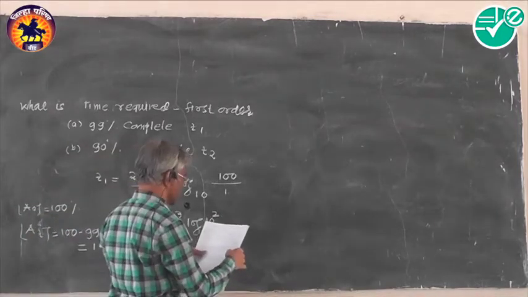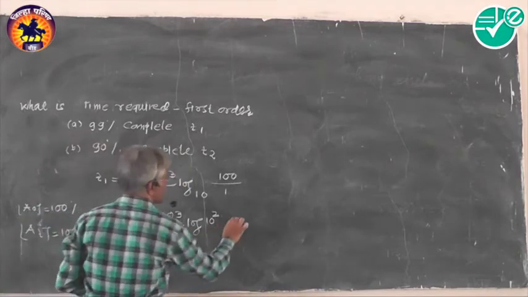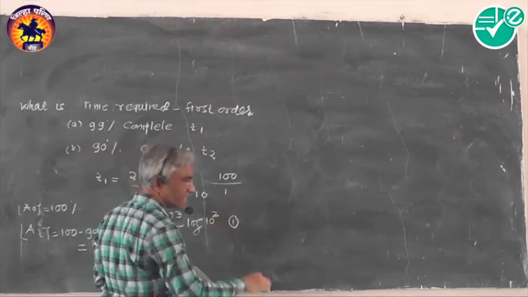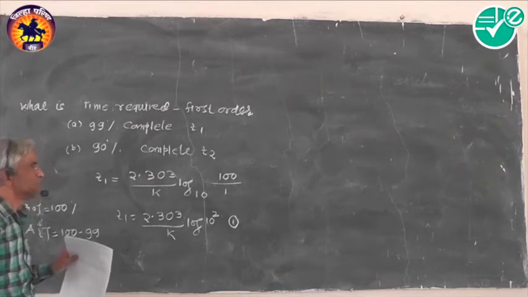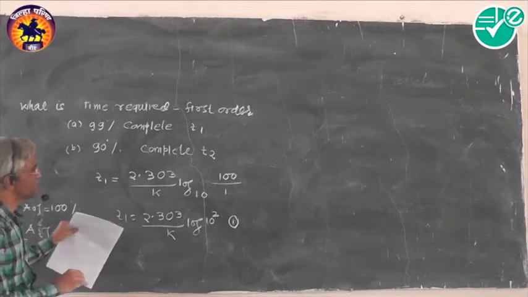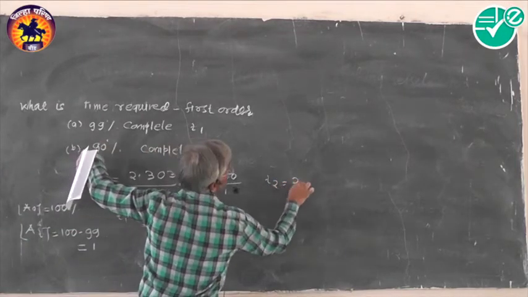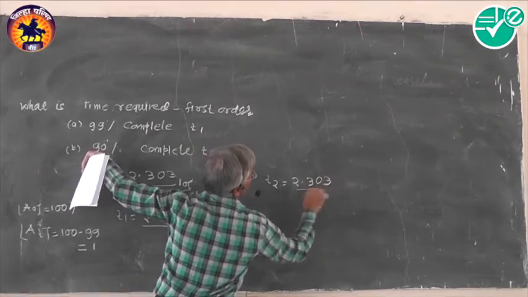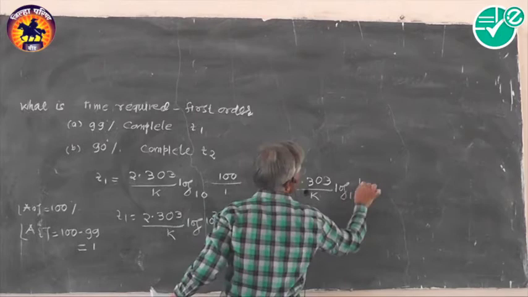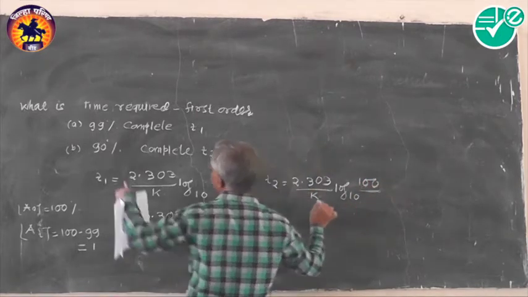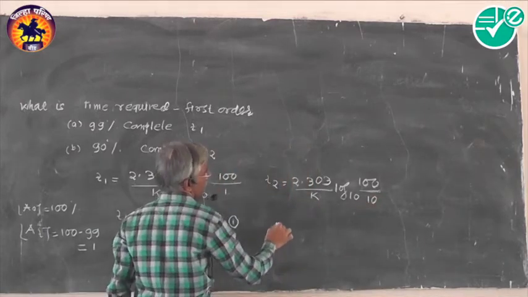Now, second, write the second equation. This is equation 1. Of course I will tell you, instead of going for calculation, how we can solve this objective in the competitive exam. Now for 90%, T2 will be equal to 2.303/K log to the base 10 of the initial concentration being 100; 90% is complete, that means the remaining is 10, therefore it will be 10.